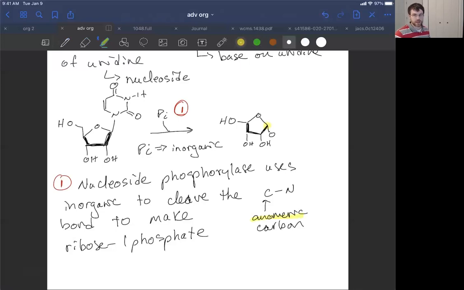That's the carbon that is a hemiacetal, or a full-blown acetal, or an N,O-acetal in the case of the starting material. But now, instead of having an N, we have a phosphate. So we use phosphate to do an acetal lysis, or a breakdown, to release the base and make some ribose 1-phosphate.